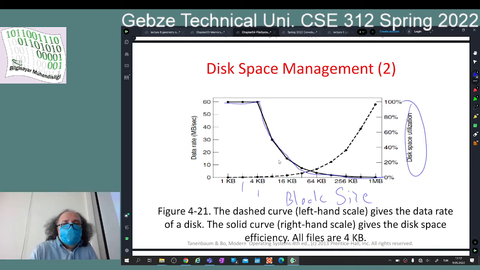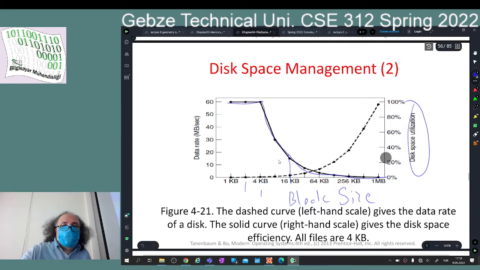But if you say my blocks are 16 kilobytes, then that means what? For each 4 kilobyte file, you are going to waste 75% of each block. That's going to give you 25% disk space utilization.